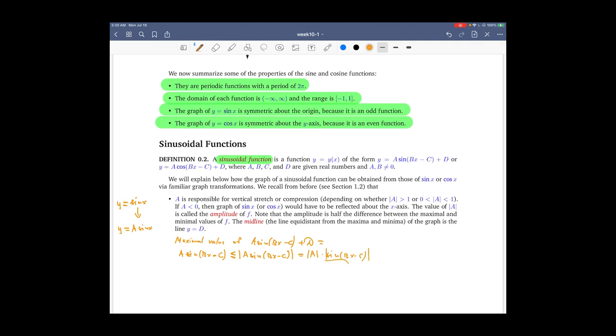Absolute value of sine is no more than 1, and we simply get that this is no more than the absolute value of capital A. And so the maximal value of this expression is simply absolute value of A plus D.